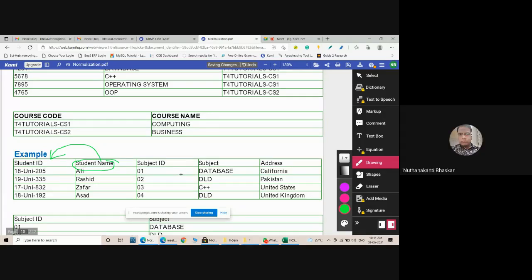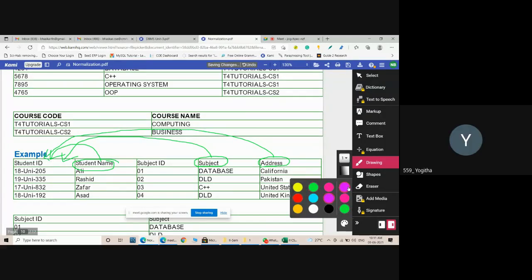Is there any other? Subject depending on subject ID. Subject also depending on student ID. Address also depending on student ID. Yes or no? Yes, sir. And again, subject is depending on subject ID.